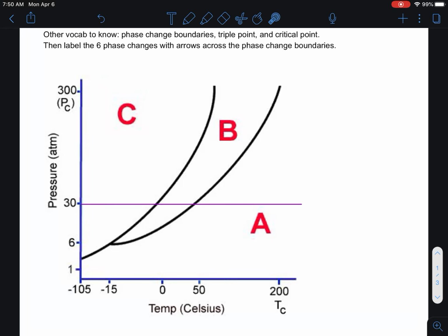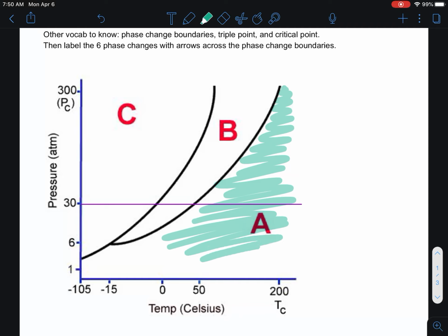At the highest temperature of a given pressure, so this entire zone of A, we would call a gas, right? Highest temperatures, no matter what the pressure is, highest temperature is typically going to be a gas.